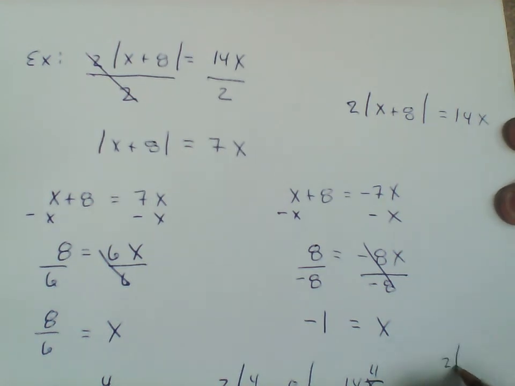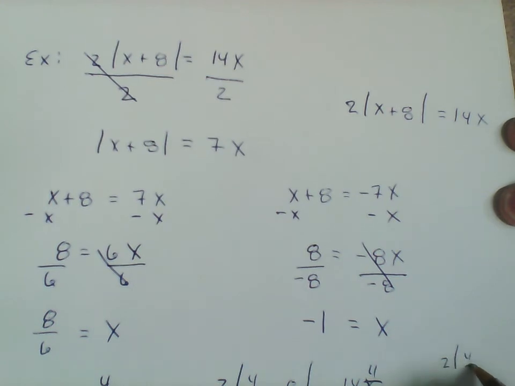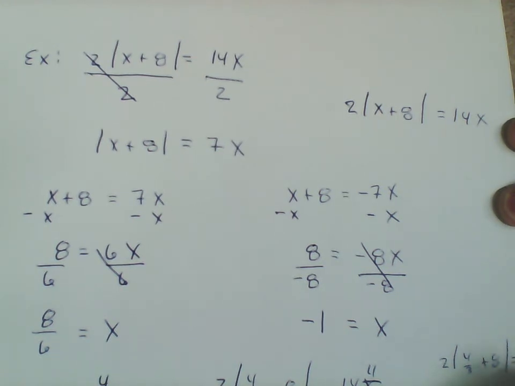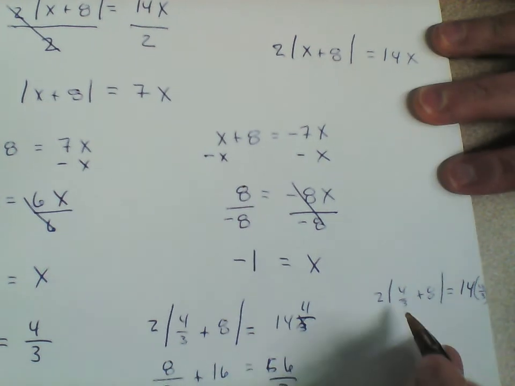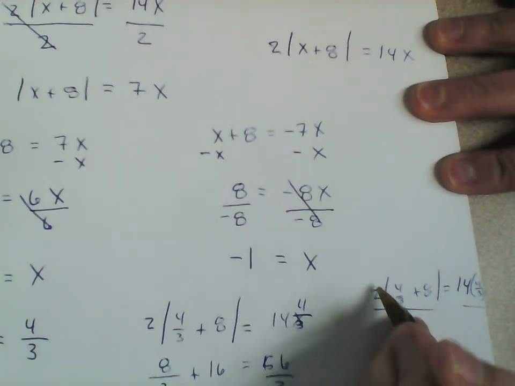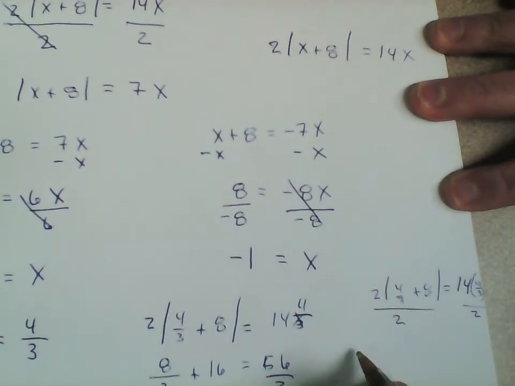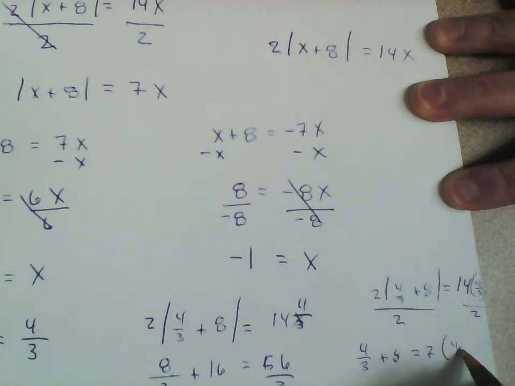Another little trick, if I have 2 times the absolute value of 4/3 plus 8 equals 14 times 4/3, I can go ahead and start by dividing both sides by 2 to get rid of that. And I would have 4/3 plus 8 equals 7 times 4/3.